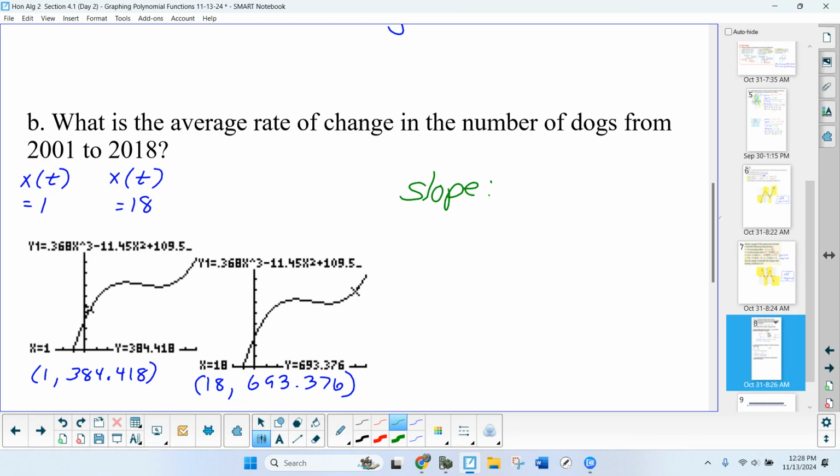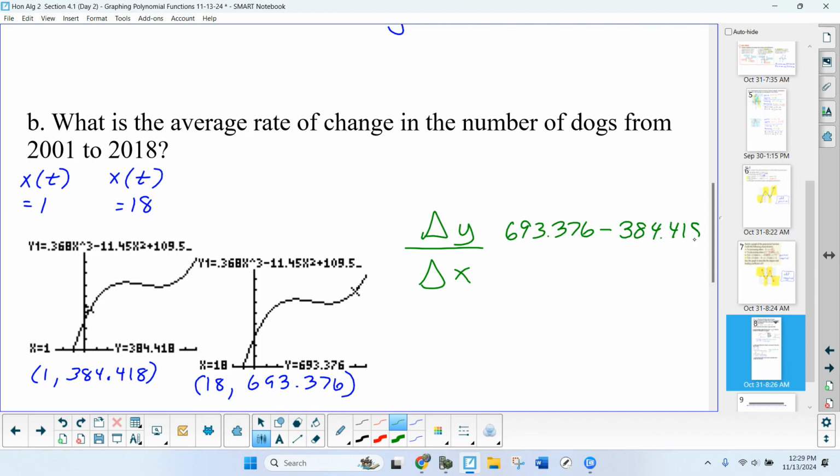What's another word for rate of change? I know it's not a line, but rate of change is, let's say, change in y over change in x. Have you guys ever heard delta y over delta x? That means change in y over change in x. So let's find the change in y. You're going to do 693.376 minus 384.418 over 18 minus 1.